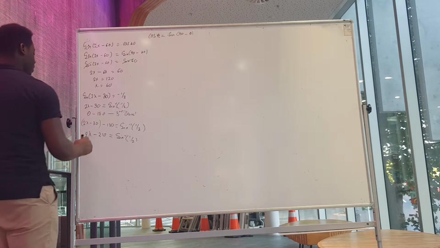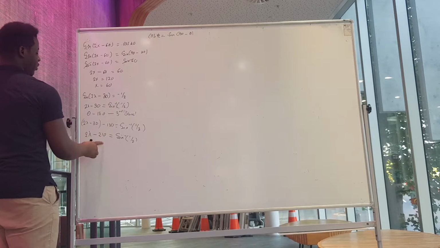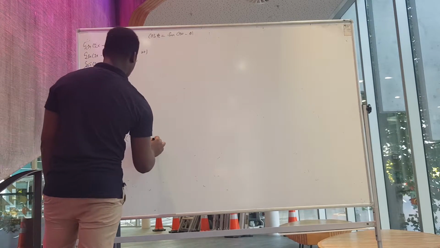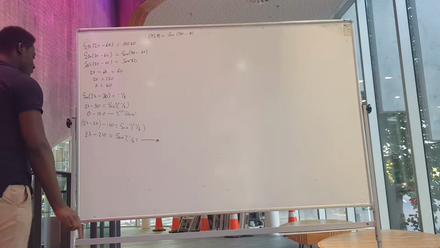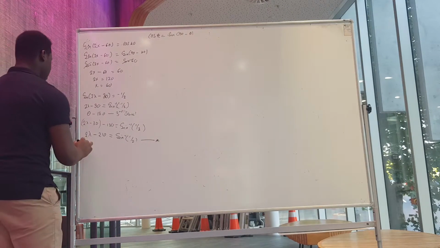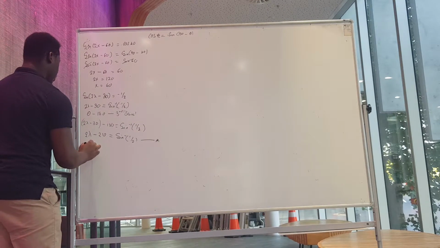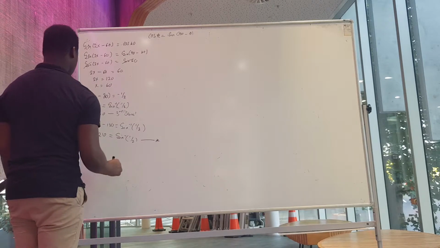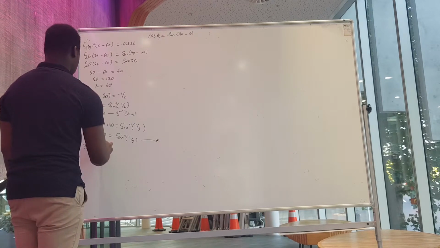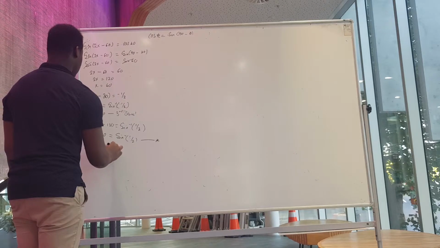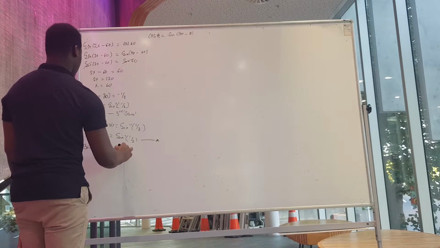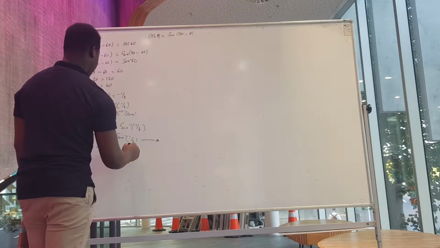And 2 lambda, well, this will be for the third quadrant, so you can solve this later on. And the other one will be 360 for the fourth quadrant minus 2 lambda plus 30, if you open the bracket, is equal to sine inverse of a half.